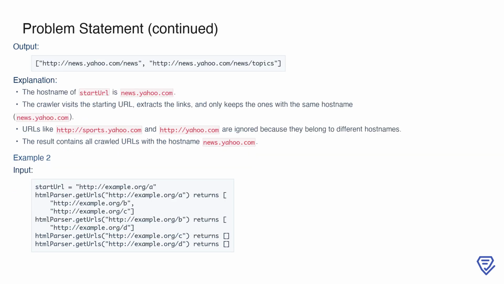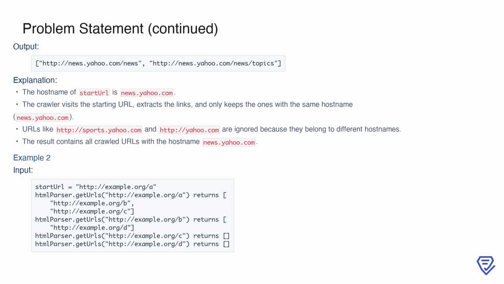To help clarify, let's look at an example. If the start URL is http://news.yahoo.com/news and the HTML parser.getURLs method for this page returns 4 links: http://news.yahoo.com/news, http://news.yahoo.com/news/topics, http://sports.yahoo.com, and http://yahoo.com.